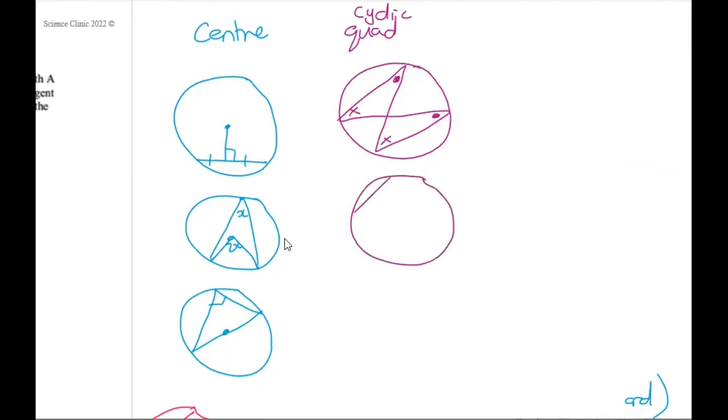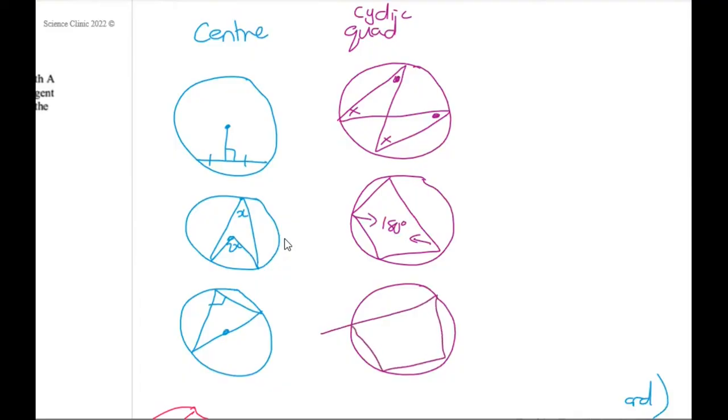Then we also know that if we've got a cyclic quadrilateral, the opposite angles are going to add up to 180 degrees. And then lastly, we've got the exterior angle, and please make sure you remember it's not any angle on the outside. One of the sides has to carry on, it gets extended.